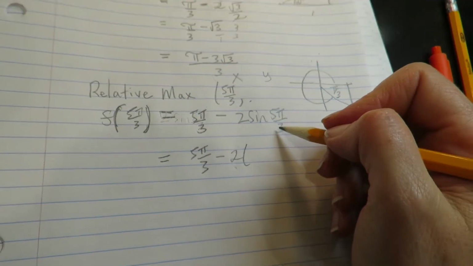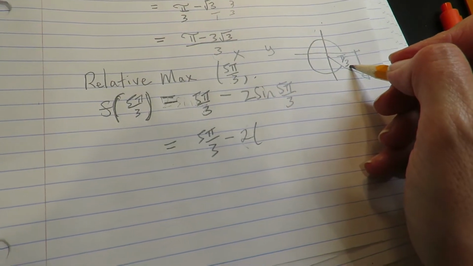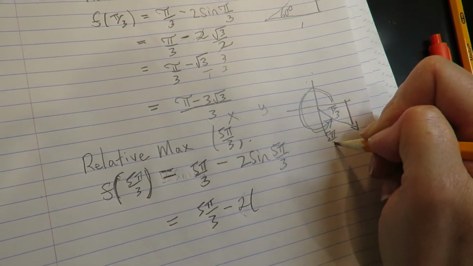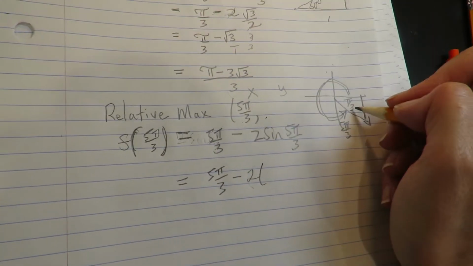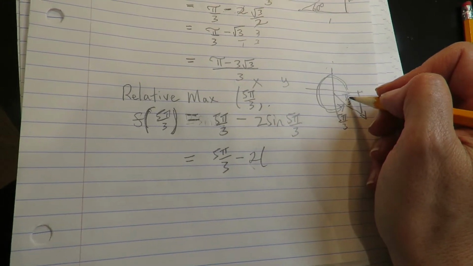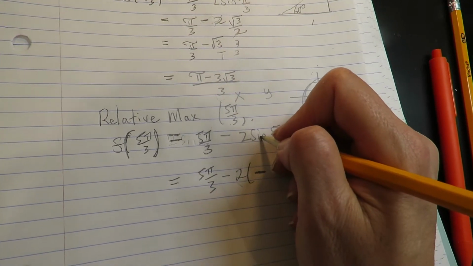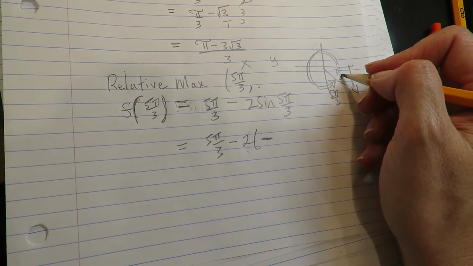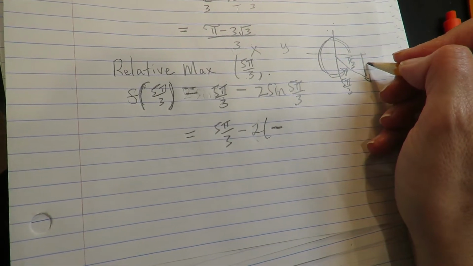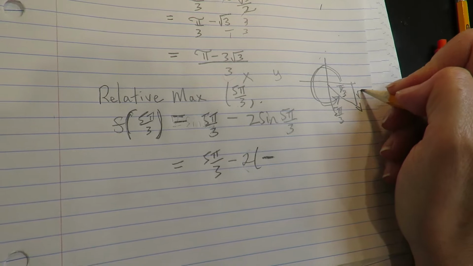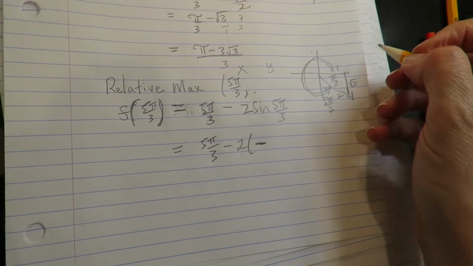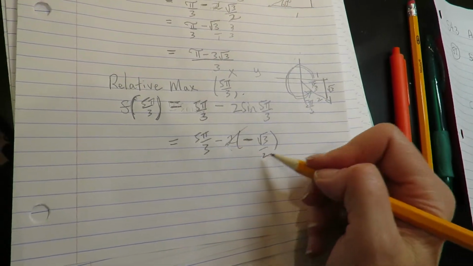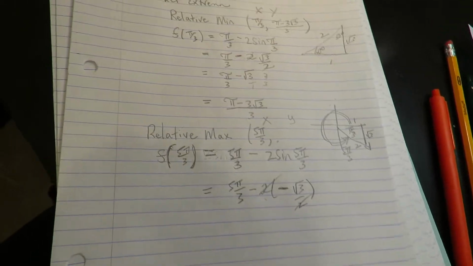Just don't forget when you evaluate this, you're in quadrant 4, the big angle coming all the way around is 5 pi over 3. The reference angle for 5 pi over 3 is pi over 3. You're in quadrant 4, which means the sine of an angle in quadrant 4 is negative, and we're going to use the reference angle, pi over 3, 60 degrees. This is across from radical 3, this is your 1 and this is your 2. So the sine of this will be negative radical 3 over 2. You'll notice the symmetry.